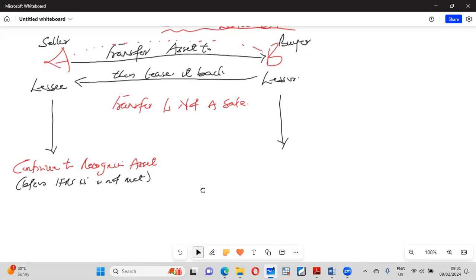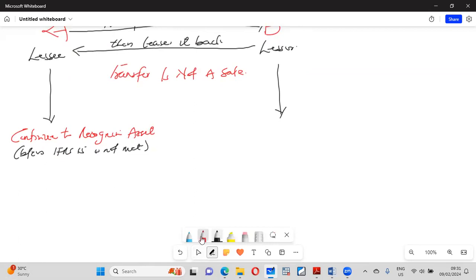Then what happens to the money that you receive? Like we do in IFRS 15, the proceeds that you collected are treated as a liability. You recognize a financial liability. If you are the lessor in that case, you cannot recognize an asset, the PPE. There is no recognition of PPE.